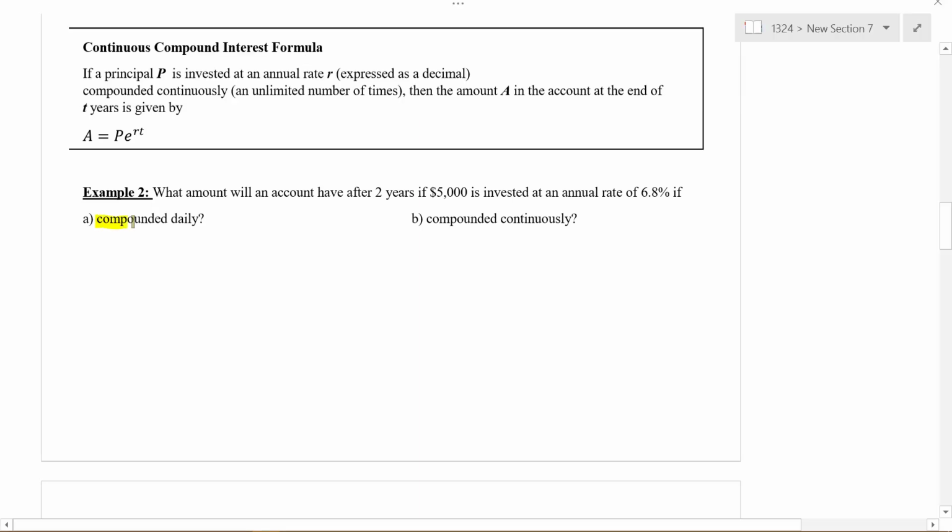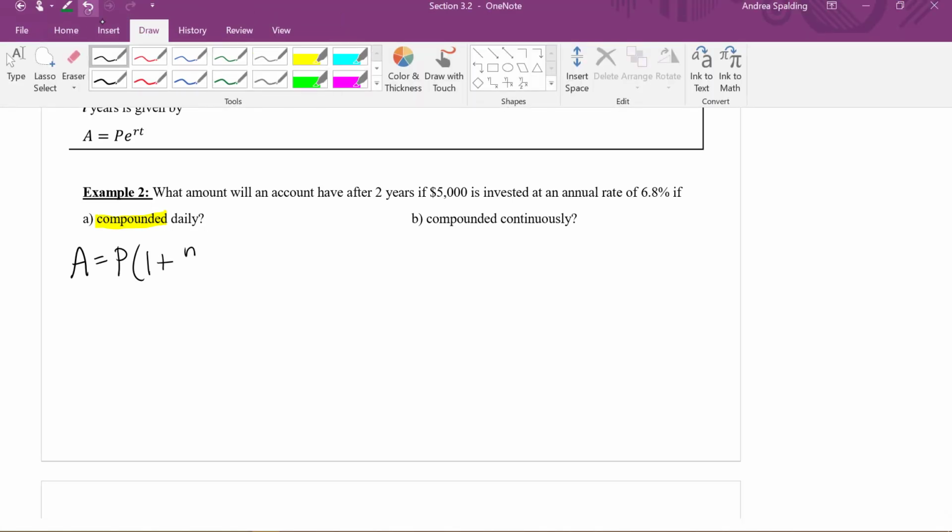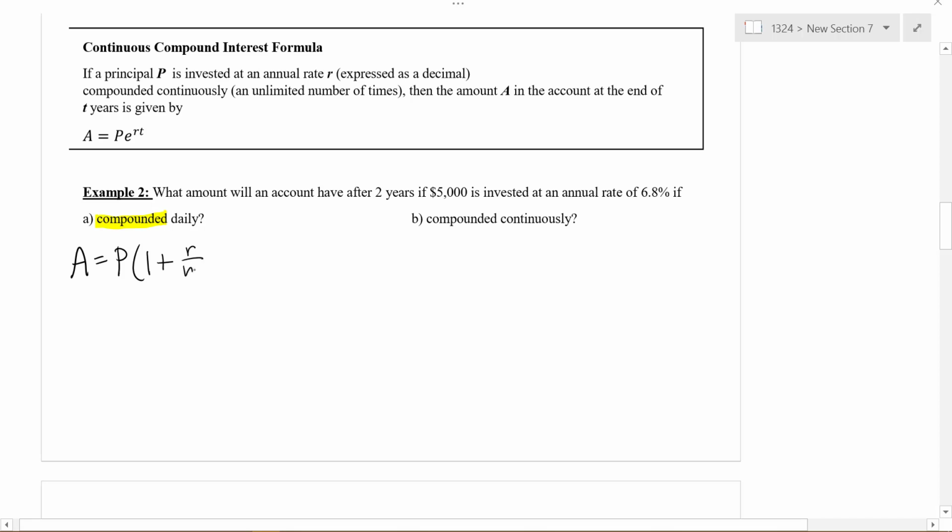We see the word compounded, so we know we're going to use our compound interest formula. Our compound interest formula is A equals P times parentheses 1 plus R divided by M, to the M times T power. The P value is the $5,000, that's our principal.